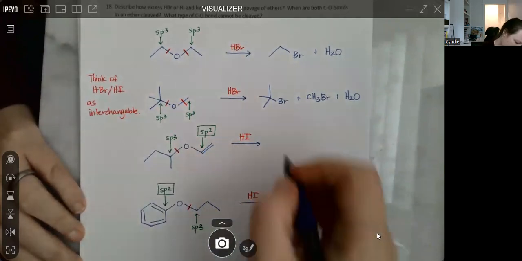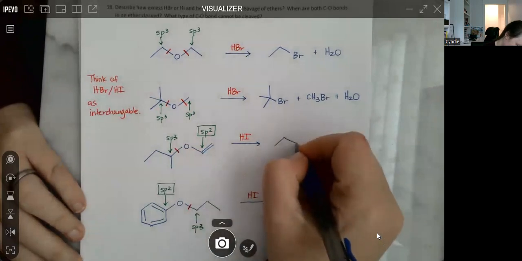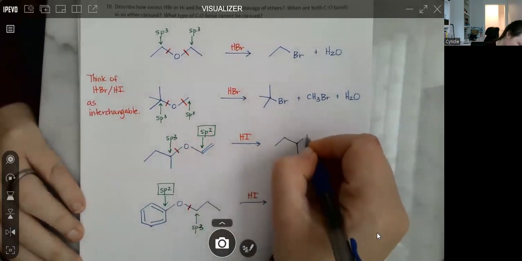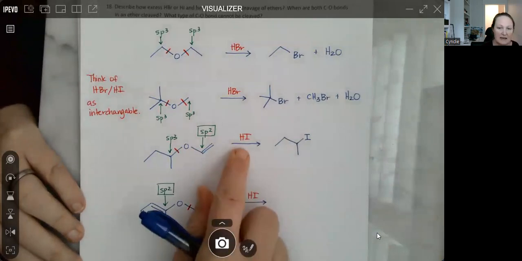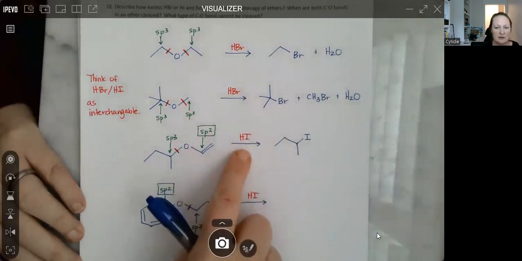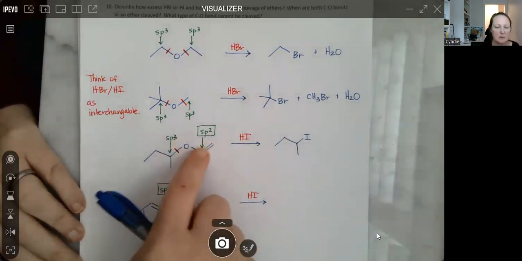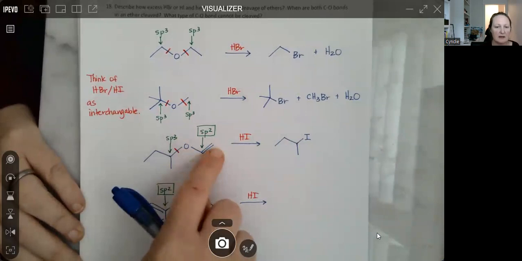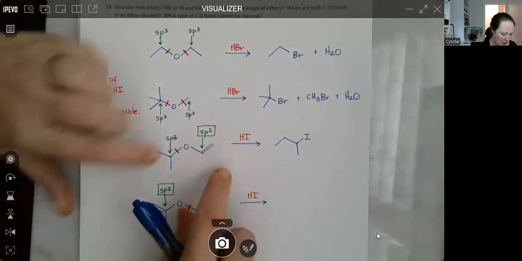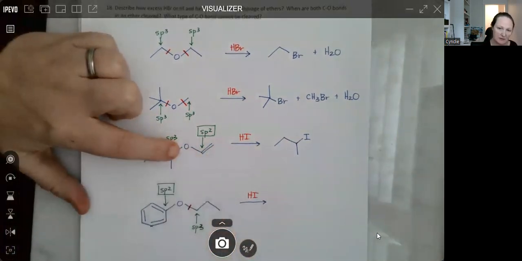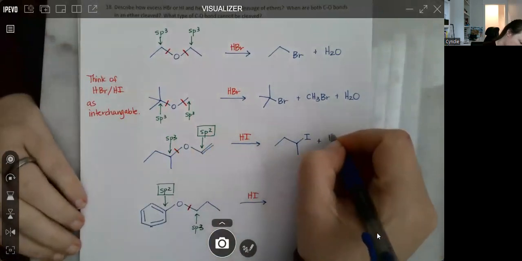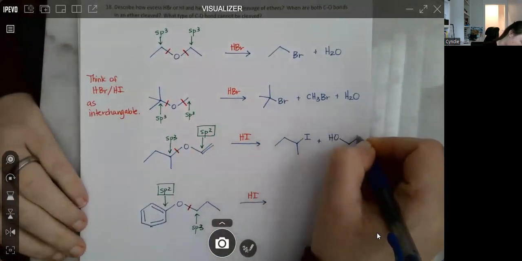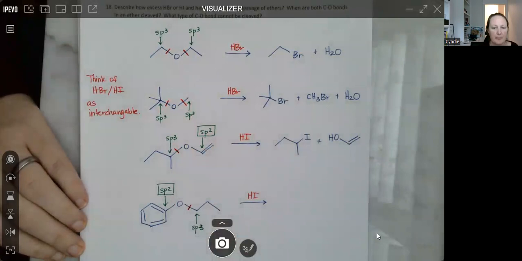So we are only going to cleave the bond on the left here to form, in this case, an alkyl iodide, because I randomly chose to use HI. And this side will remain uncleaved. So instead of water, we're just going to get this alcohol. So we'll just draw that alcohol.